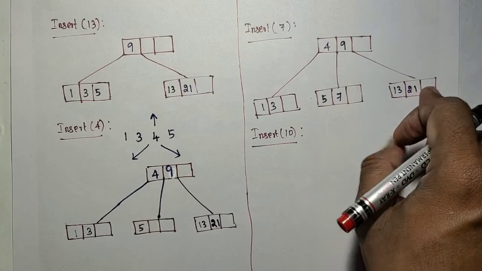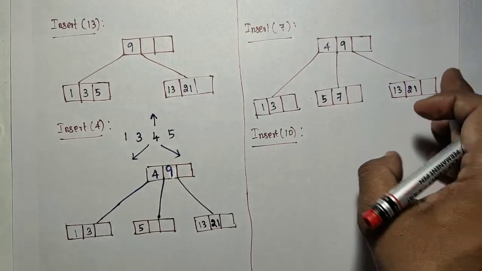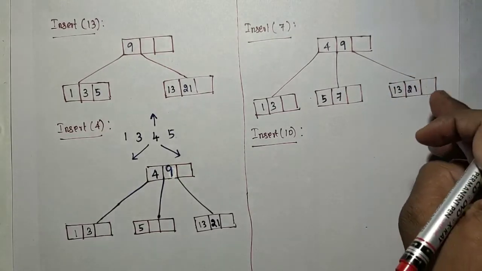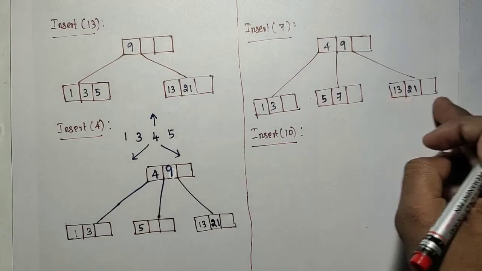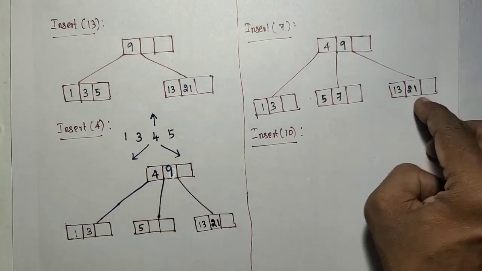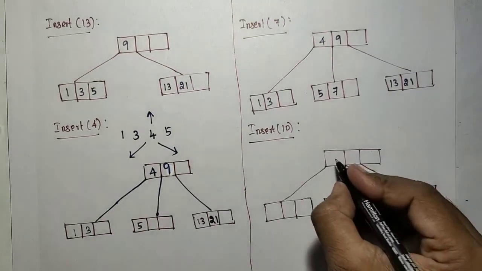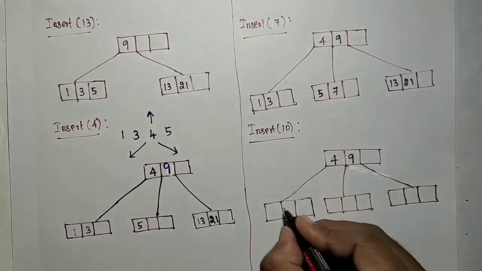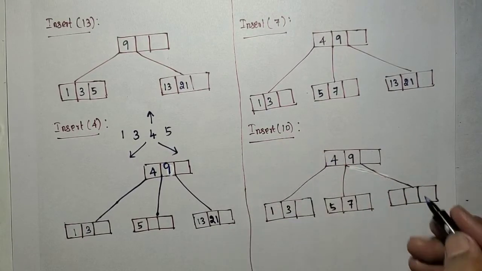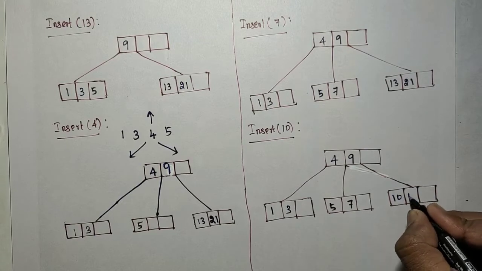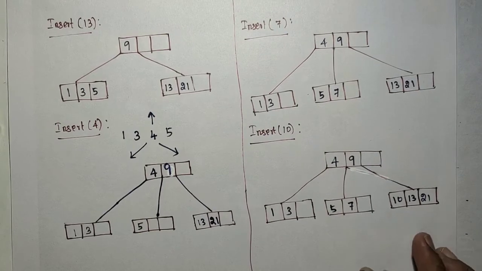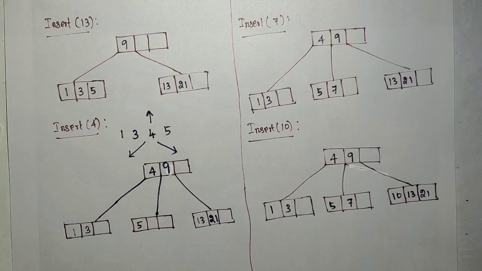It is a leaf, so the space for the 10 is here. Space is available, so I can insert it. So 4, 9, 1, 3, 5, 7, and the 10 will be inserted in ascending order, so 10, 13 and 21. After inserting 10, this is the status.